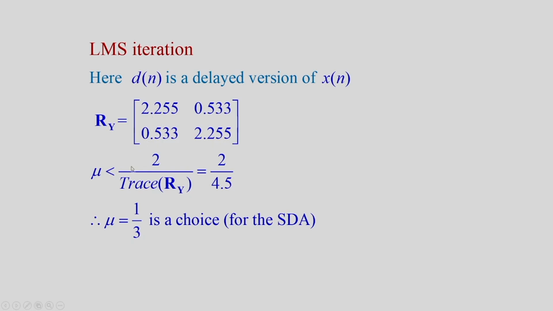Therefore, one convergence relationship is that mu which is positive should be less than 2 by trace of Ry, and trace of Ry is equal to 2.255 plus 2.255. So that way it will be 4.51, and therefore, mu is equal to 1/3 is a choice for the SDF, because here we have not yet discussed how to choose mu for the LMS algorithm.